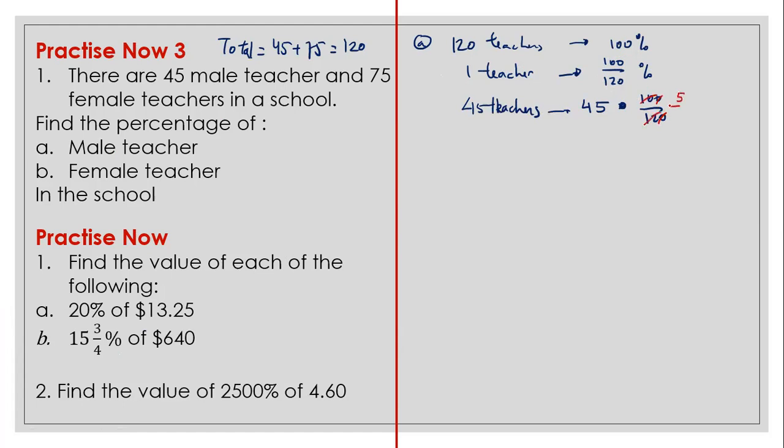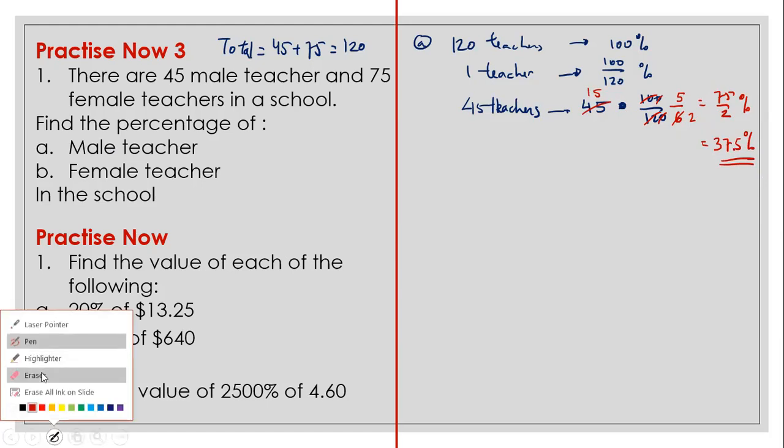You divide by 2, you will get 6, right? And 45 and 6, you can divide by 3, becomes 2. You can divide by 3, becomes 15. So the answer is 75 over 2%, right? Because 15 times 5 is 75 in itself. So 37.5% for male teachers.